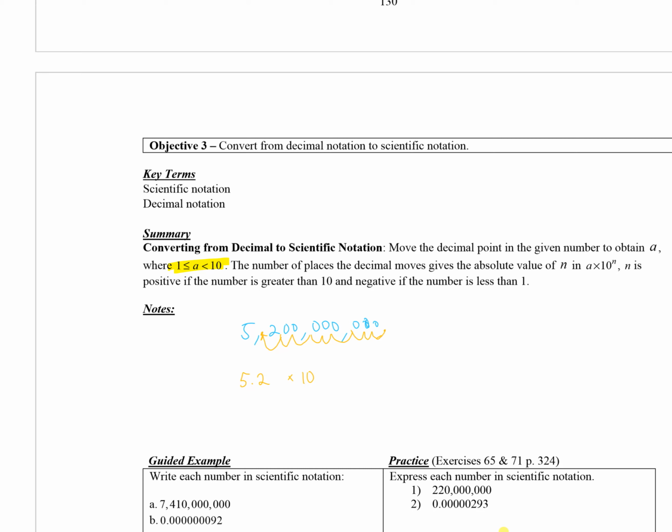So I had to move the decimal 1, 2, 3, 4, 5, 6, 7, 8. I had to move it 9 times, so I put 9. And you're thinking, well, should it be positive or negative? If you want to go back to its original value, what direction should that decimal move? Left or right? Well, it needs to go to the right to go back to its original, so that has to be a positive 9.